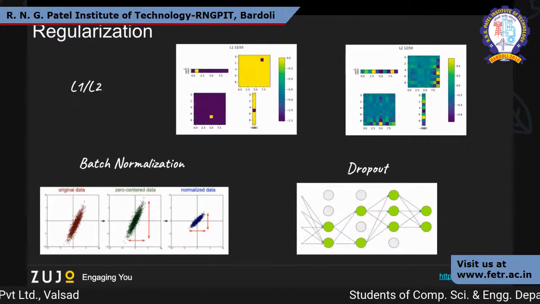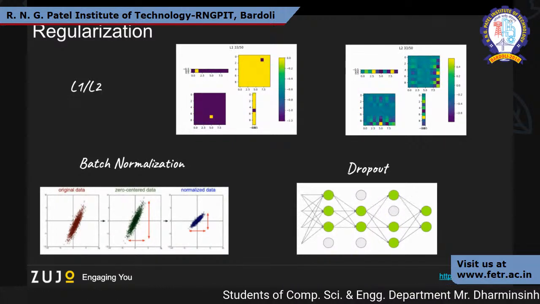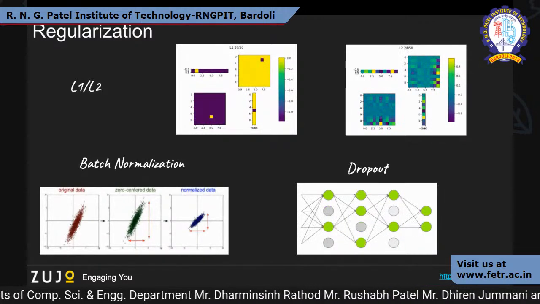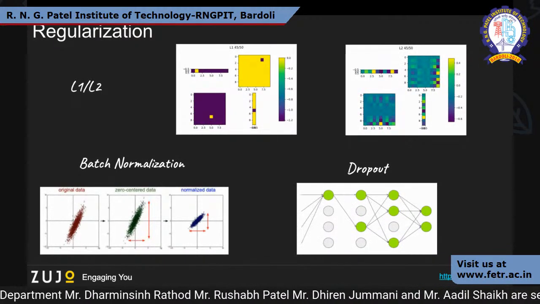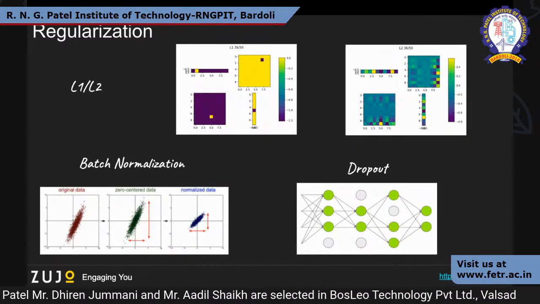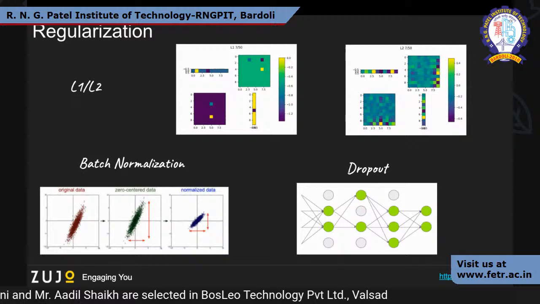Dropout we learned yesterday. Batch normalization, as you can see in the image, normalizes or compresses your data, dividing it into a limited area.